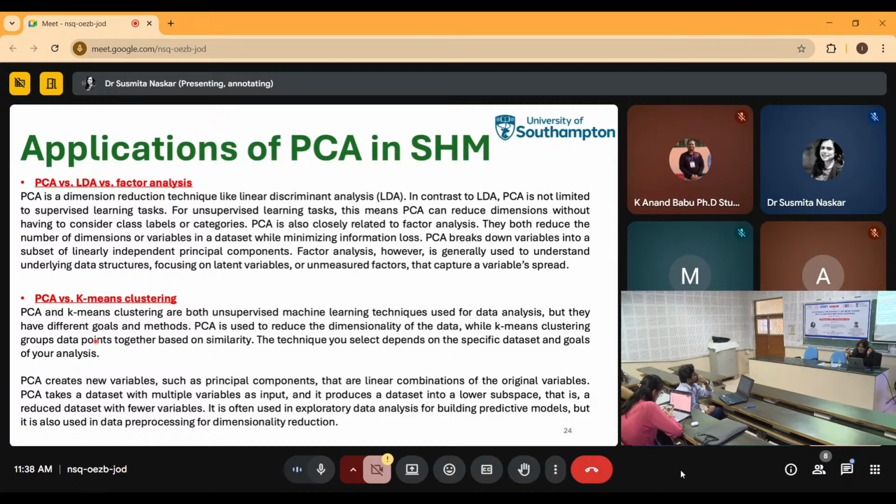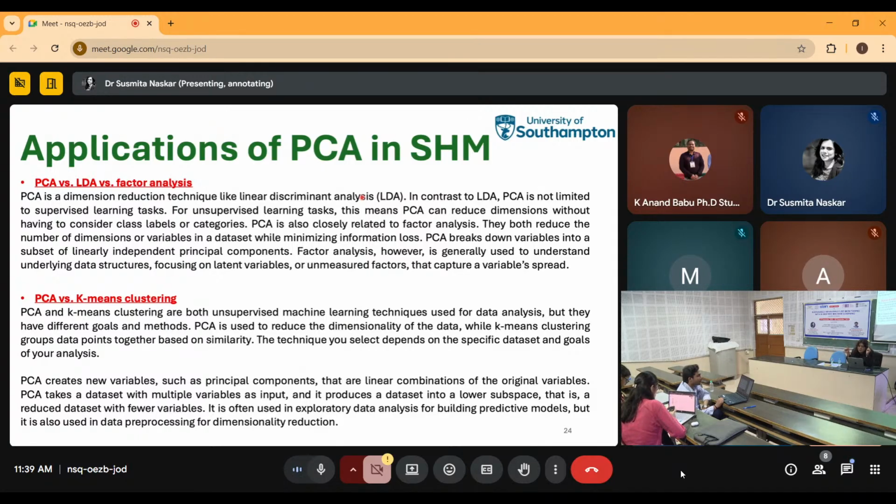Whereas LDA, linear discriminant analysis, is a supervised method. These are all about dimension reduction, making your model quite easy. Compared to PCA, LDA chooses the direction that separates the known classes, that means it maximizes between-class variance and minimizes within-class variance.